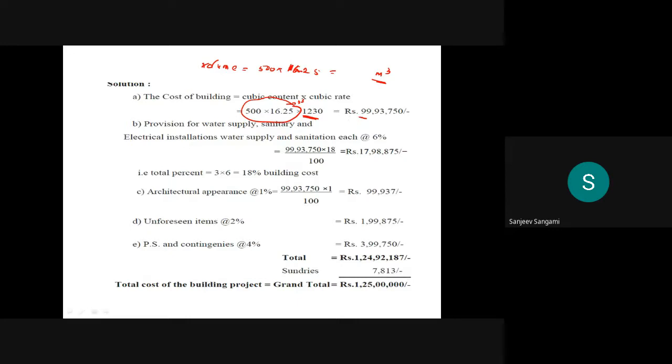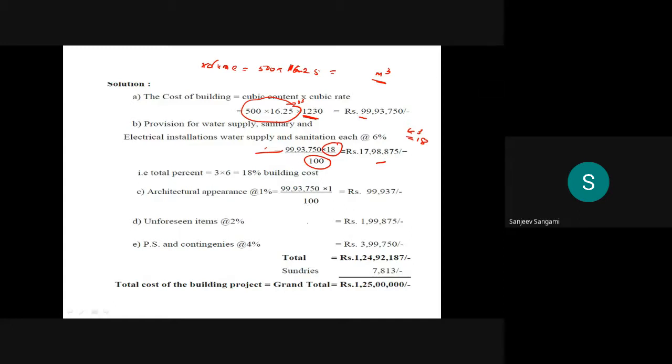Then the provision of water supply, sanitary and electrical installations, each at 6%. So here it will be 6 into 3, that is 18%. It is 18 he has mentioned, correct. So then calculate how much amount is coming. That is 18% of the building cost.